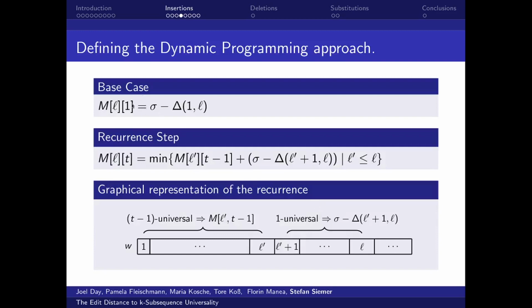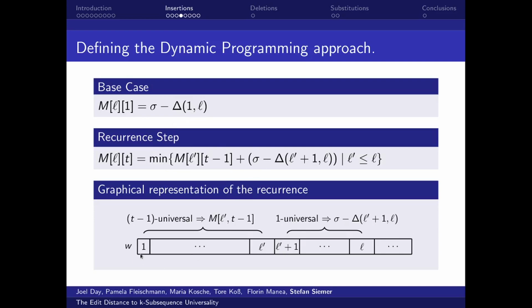We see our first base case, the first row in our matrix. For each prefix we see how many letters are missing, and that is the number of insertions that we need to do. Then we have this recurrence step, which is illustrated down here.